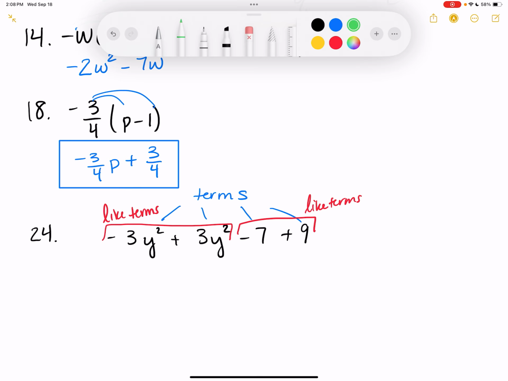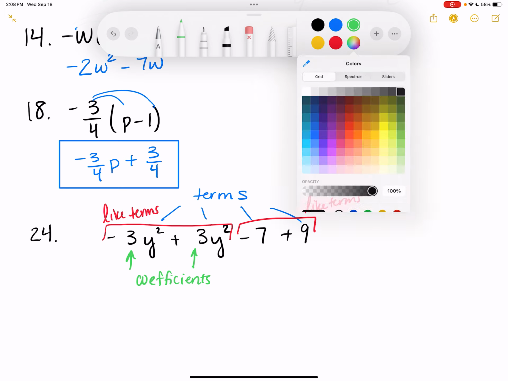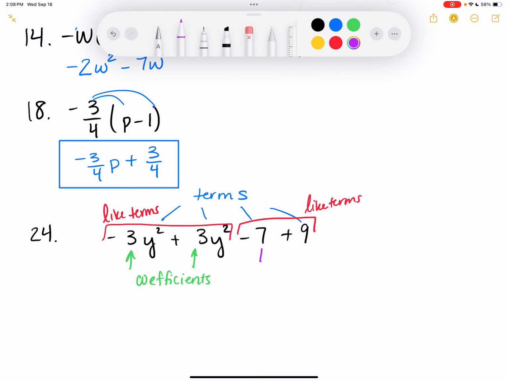The numbers before the variable. So the negative 3 and the positive 3 are the coefficients. And then what about constant terms? Negative 7 and 9 are the constant terms. So that's all you have to do on problems like that.